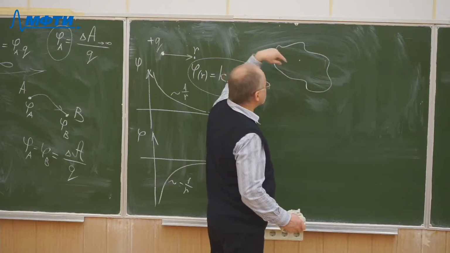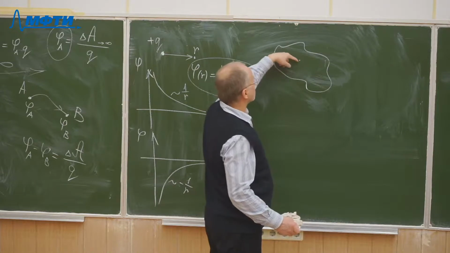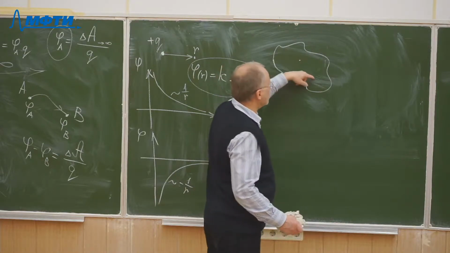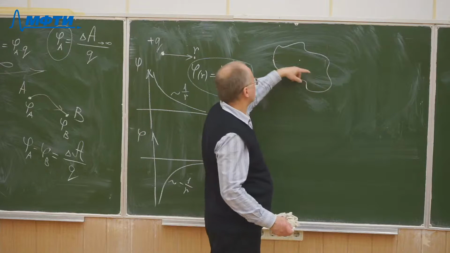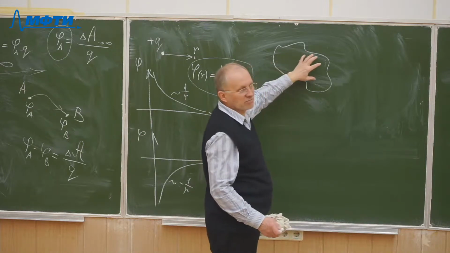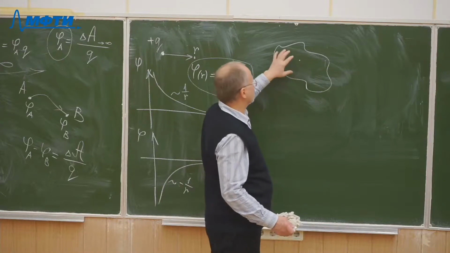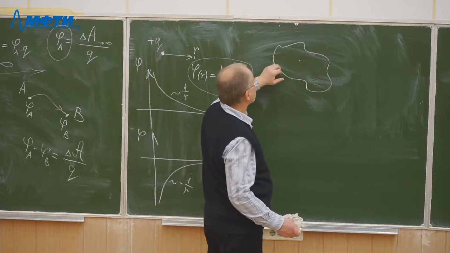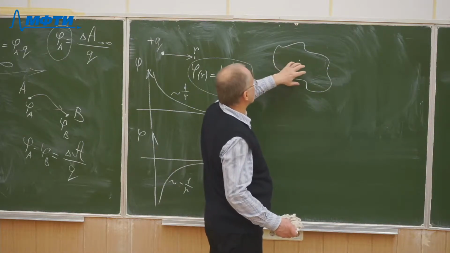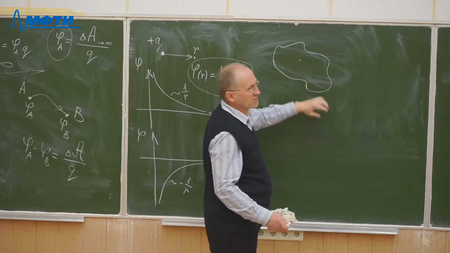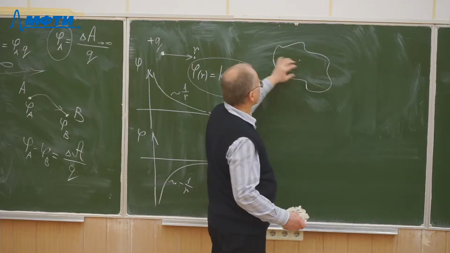No forces, because if there is a force, then the electron will start moving, and any motion will give us the situation other than electrostatic, other than static. In static conditions, the charges don't have any macroscopic motion.